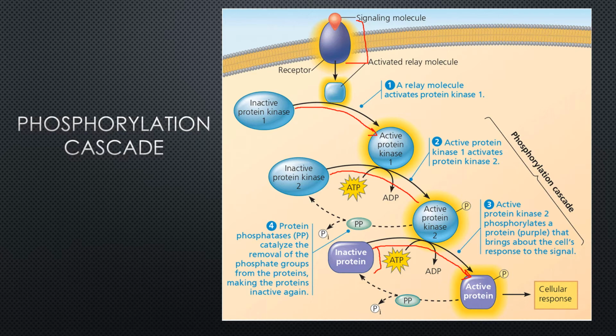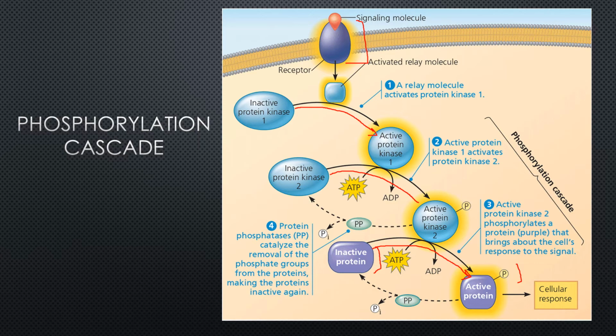When that occurs, this active protein may then go and bind a particular strand of mRNA, for instance, and allow for a new protein to be produced.